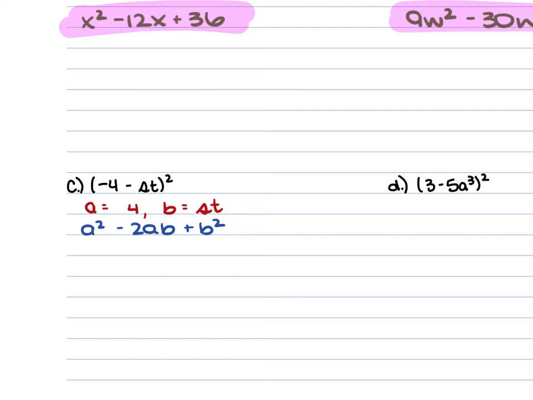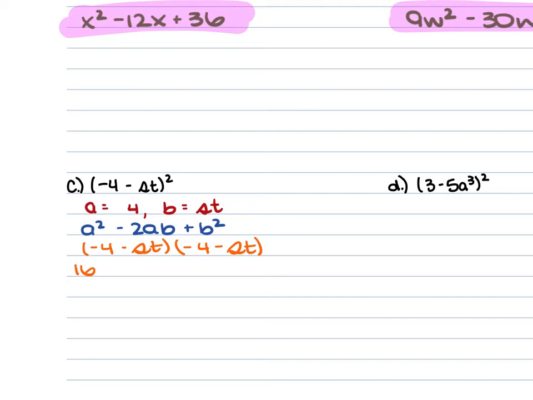So when we do this, actually, hold on. So I'm going to think about this. I'm going to do this a little differently because there are two negatives. I want you to see what happens with this, to see whether or not we should use that negative with that 4. So if we did negative 4 minus st times negative 4 minus st, let's see what happens. That negative 4 times negative 4 is a 16.